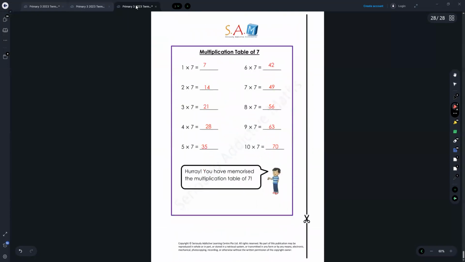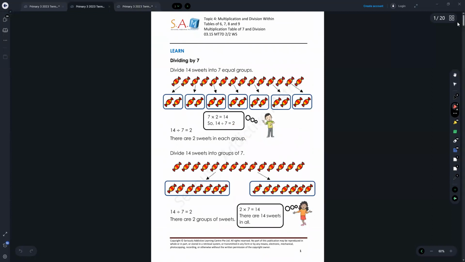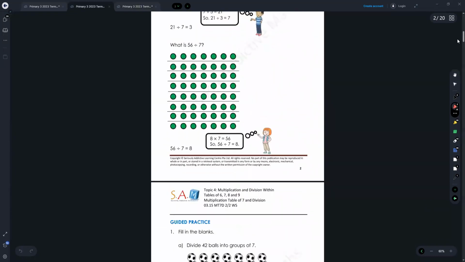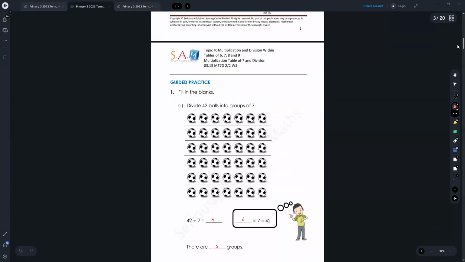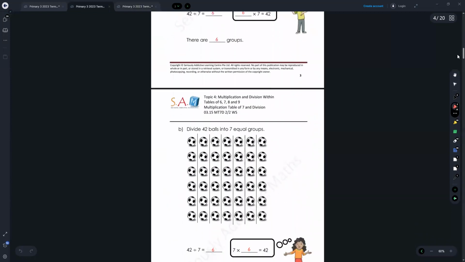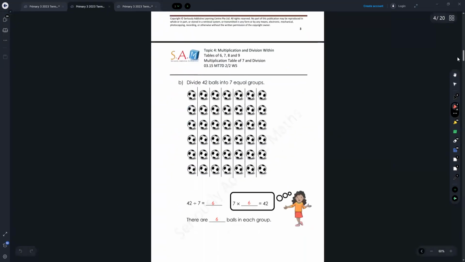Now the last one will be division. Division, same thing. We can actually skip a lot of these questions here. So now they know it's about putting the quantity of the things into the respective groups, the equal groups.